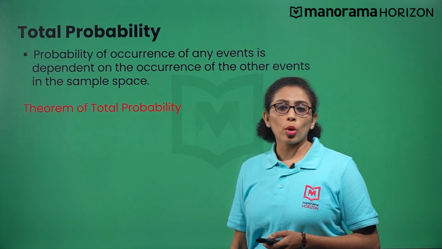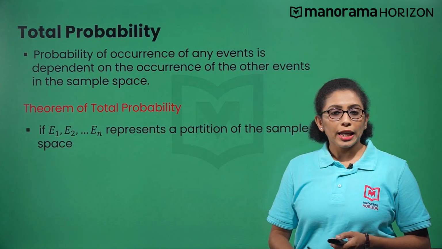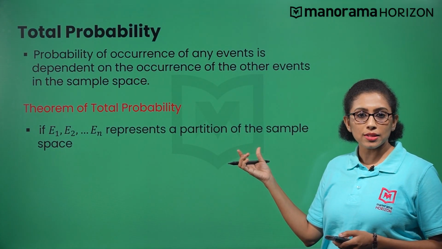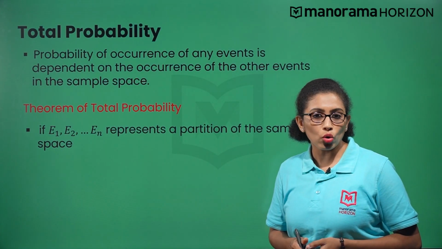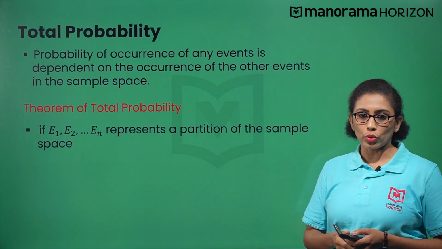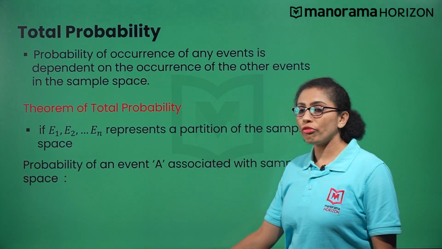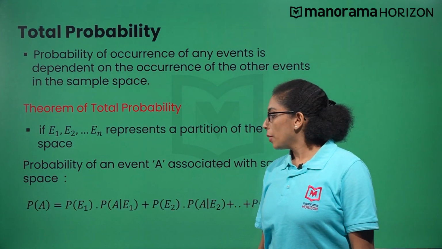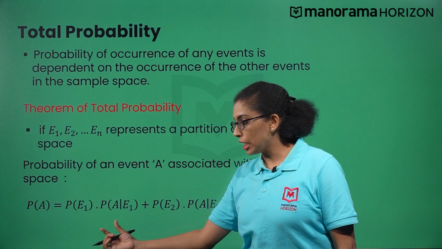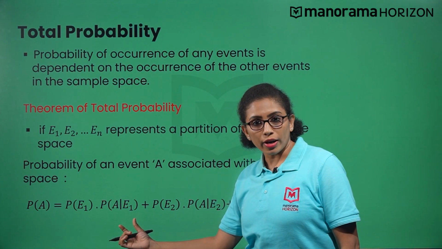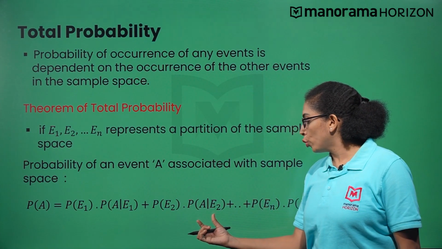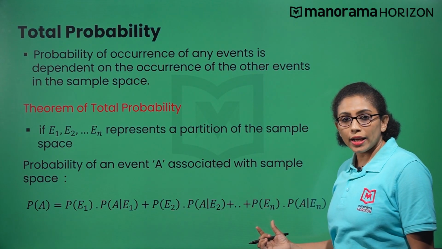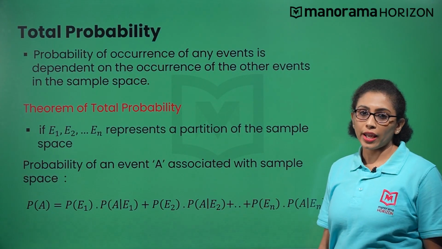The theorem of total probability states that if E1, E2, up to En represent a partition of a sample space such that the probability of occurrence of any of these events is non-zero, then the probability of an event A associated with the sample space is given by P(A) = P(E1) P(A|E1) + P(E2) P(A|E2) and so on up to P(En) P(A|En).